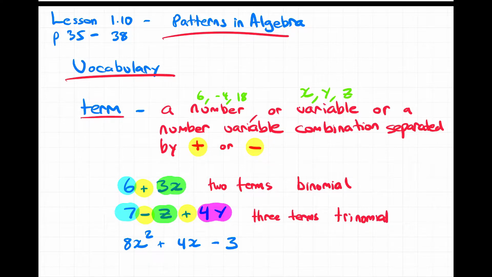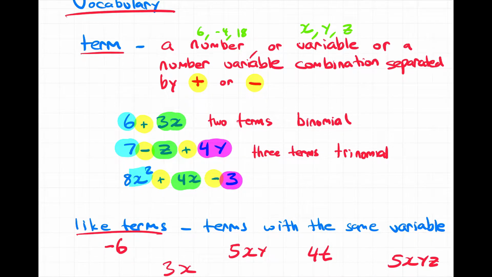Again, we have another trinomial down below. I can see that right away because there's 2 plus and minus signs, and that's separating 1, 2, and 3 terms.